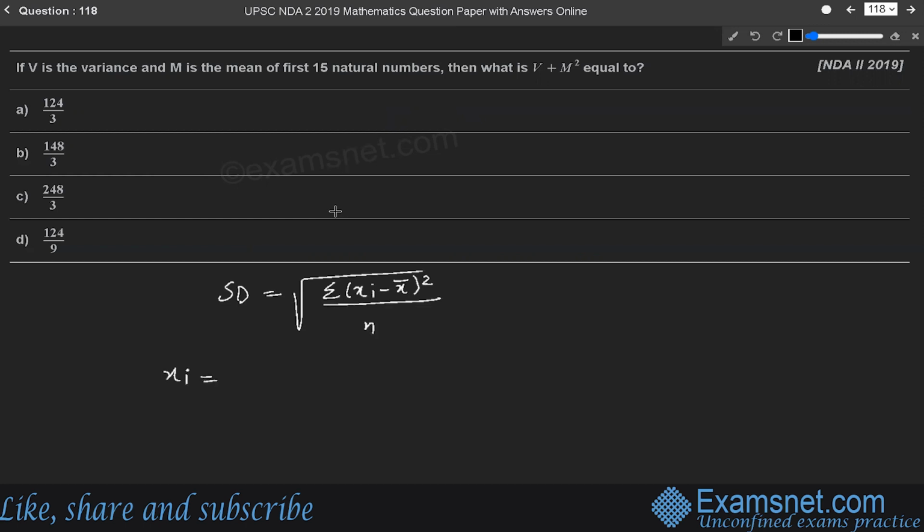Here xi is equal to 1, 2, 3, 4, so on up to 15, because the question says that first 15 natural numbers. So mean will be equal to 15 into 16 divided by 15 into 2. So this will be equal to 8.